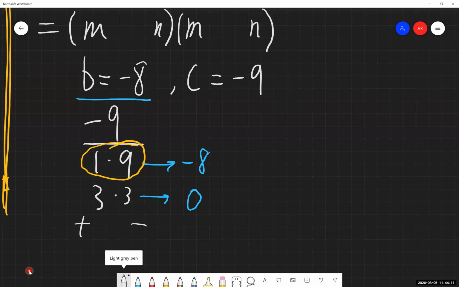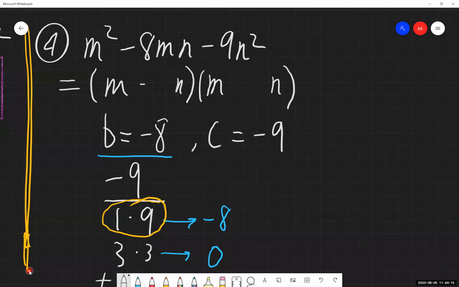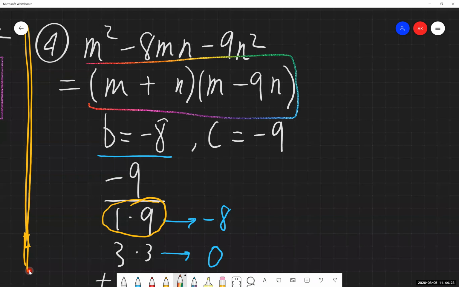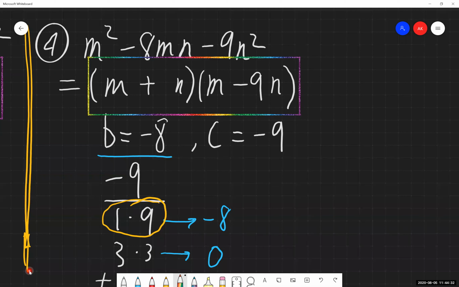And now I can go up to my general answer and write those in. And I have my final answer here. Didn't box it. Why not? There it goes. And there we have our final answer for this problem.